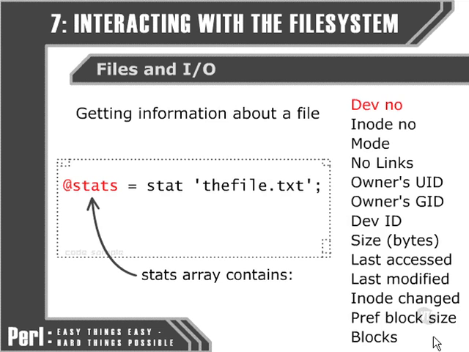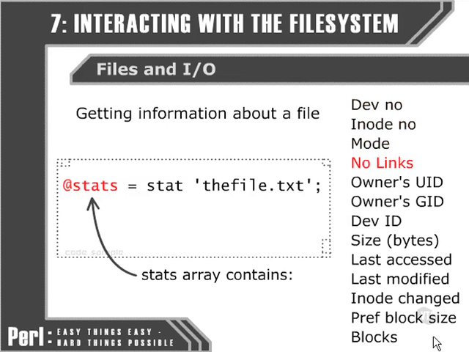The stats array contains a whole set of elements, and I'll just go through those very briefly. The device number, that'll be the media on which the file is stored. The inode number is a unique identifier to locate that file within the hard disk or wherever it's stored. The mode contains permissions regarding who is able to work with the file, who is able to read it, write it, execute it, and so on.